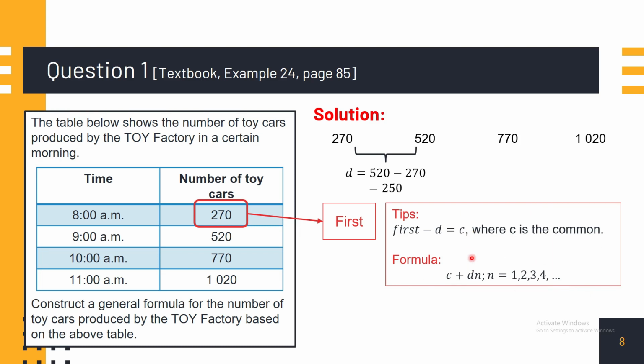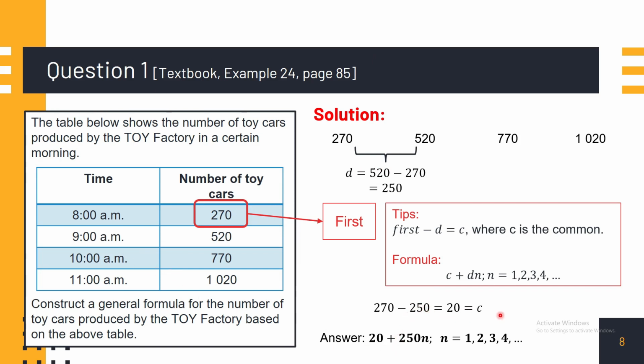Now we determine the c for this question, which is 270 minus 250, which is first minus d, equal to 20. 20 is the c, the common in this question.